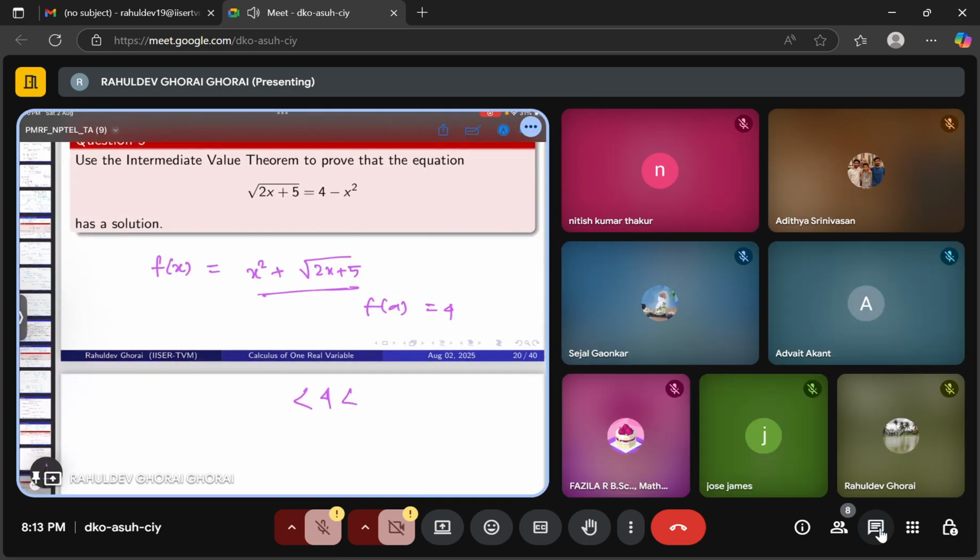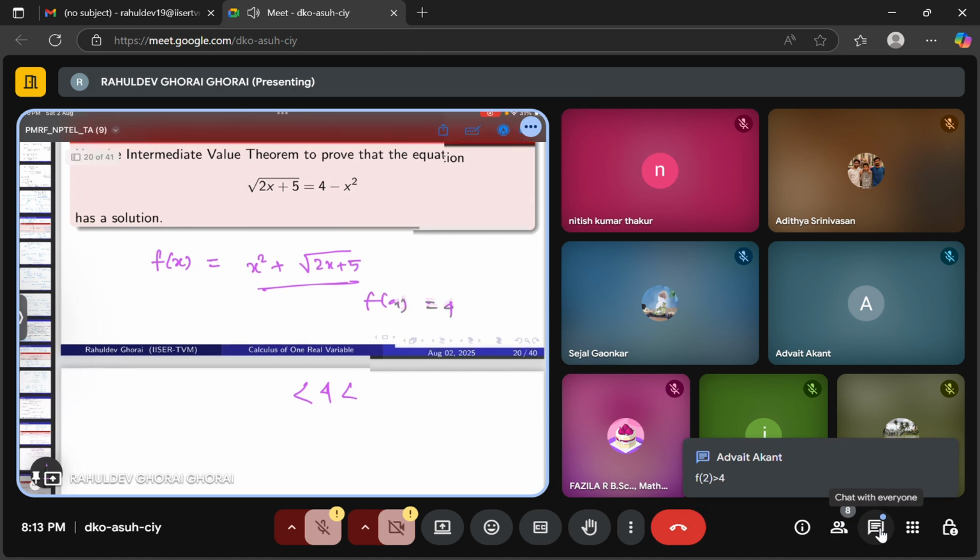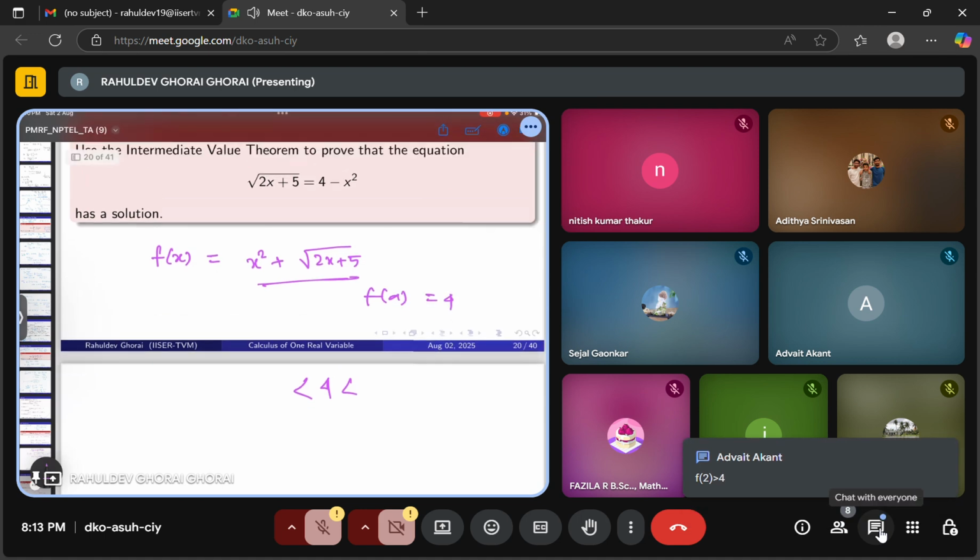Okay, he is telling f(0) is less than 4. What is f(0)? Let's everyone compute. f(0) is square root of 5. Yeah, that is good. So f(0) is less than 4. And what else do you have?